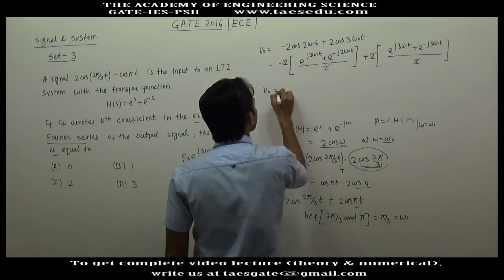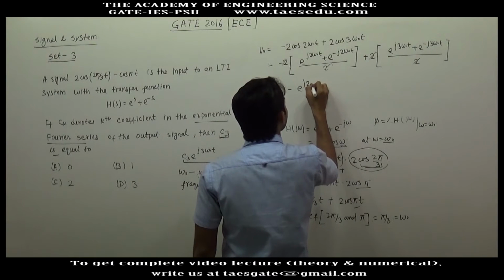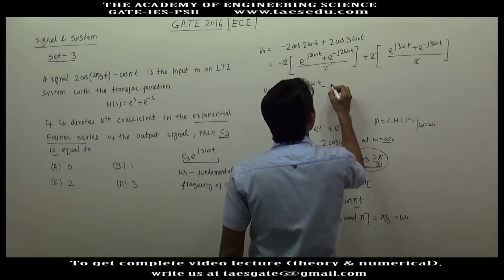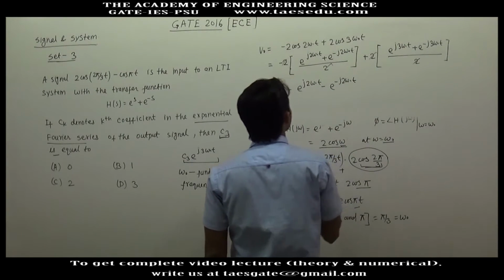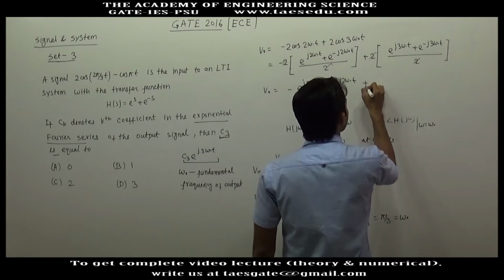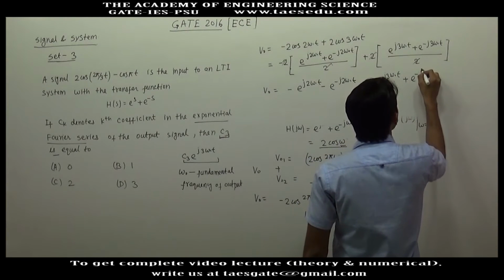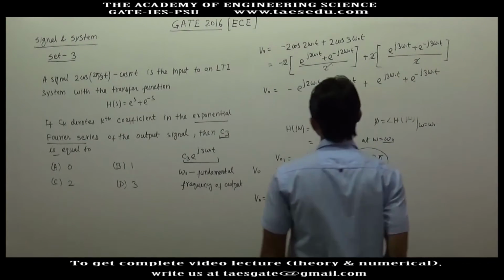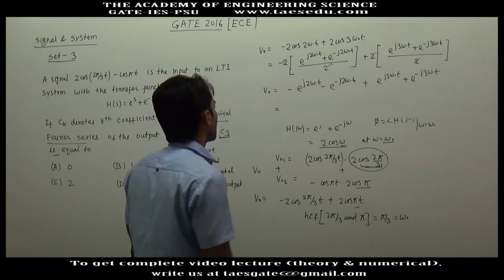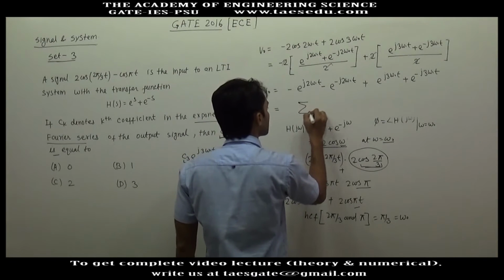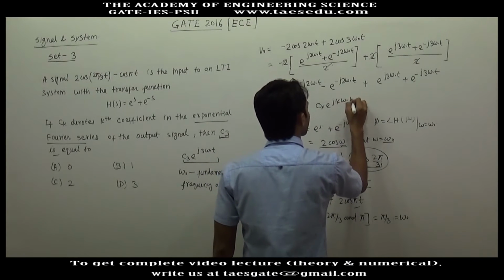So V naught will be minus e to power j2 omega naught t minus e to power minus j2 omega naught t, okay, plus e to power j3 omega naught t plus e to power minus j3 omega naught t. And V naught has to be represented as Ck into e to power jk omega naught t.